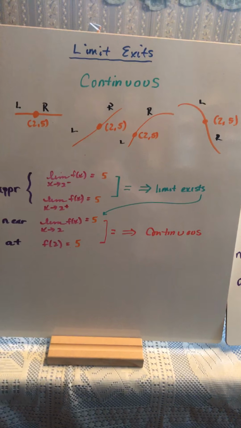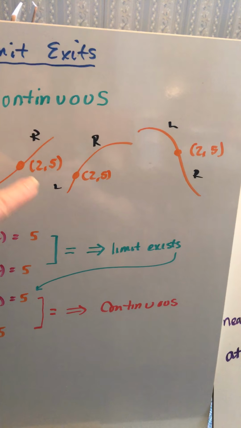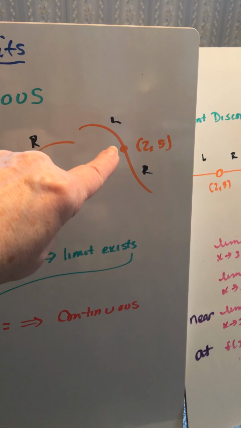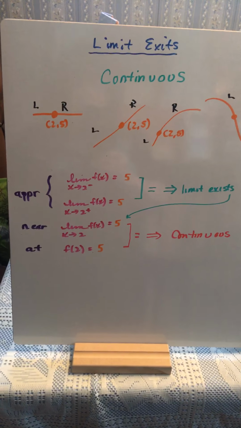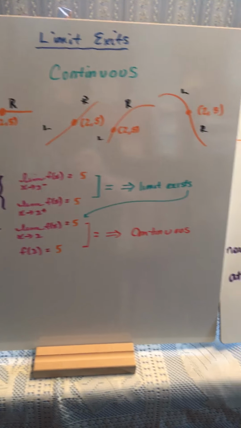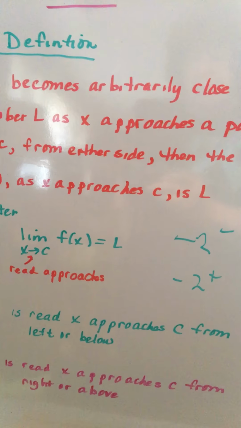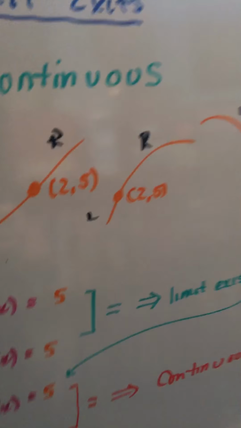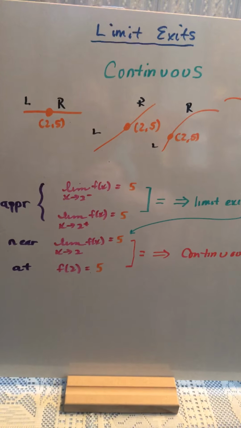The limit as I approach 2 from the right is also going to be 5. And since these two are equal, that's how we determine that a limit exists. Remember, the definition says that we have to approach some arbitrary number, and so we have done so. The limit from the left equals the limit from the right.